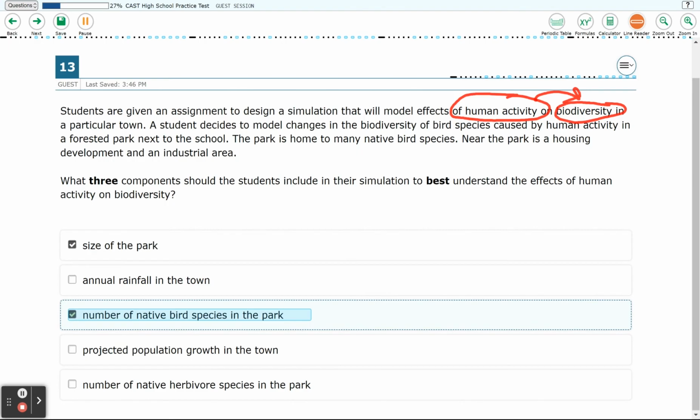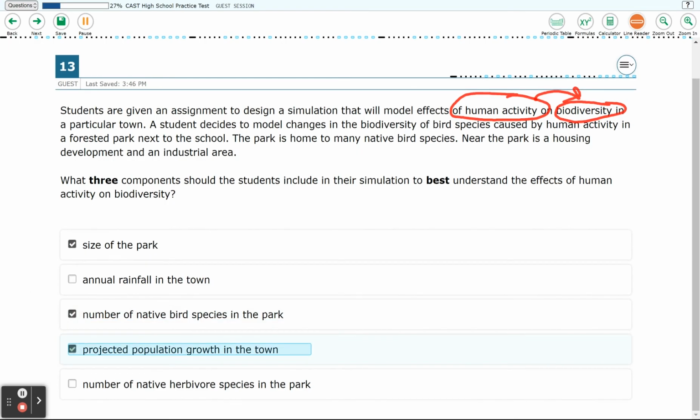Projected population growth of the town, that is going to definitely impact the human activity. Number of native herbivore species in the park. Okay, that's not human activity. So our three that we would choose would be size of the park, number of native bird species in the park, and projected population growth of the town.